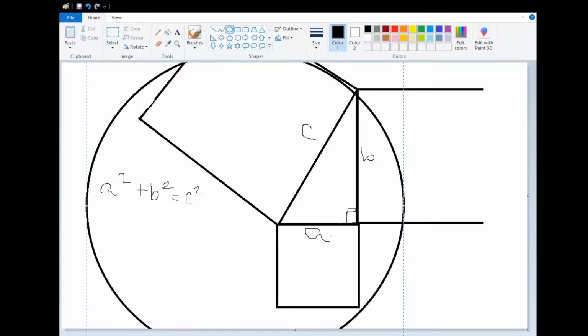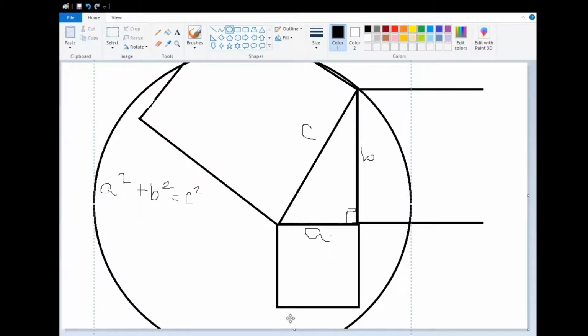Let's say that our unit circle is here, with a radius of 1. Let's say the center is here. What that means is that this c, this hypotenuse, again, remember that this is the center right here. So our unit circle means that this is 1. Okay?